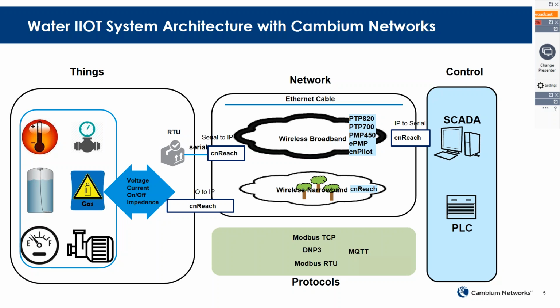So you can have the PLC query the things' data, for example, temperature, water level, and pressure. And also the PLC, once it gets the data, can make a decision on whether to shut down a pump or move a valve or what have you. Still, we support the same kind of protocols: Modbus TCP, DNP3, and Modbus RTU.